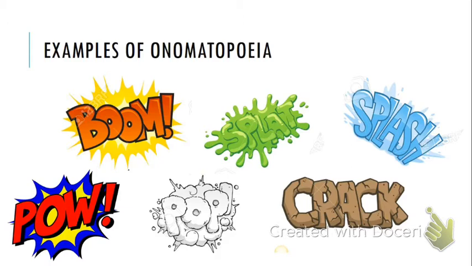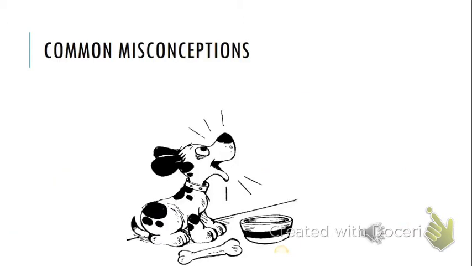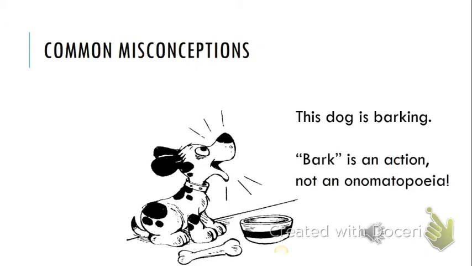Here's another example, and with this next example, I'd like to clarify some common misconceptions. So this is a dog barking, okay? The word bark is the action of what the dog is doing. It is not a word that imitates the sound.